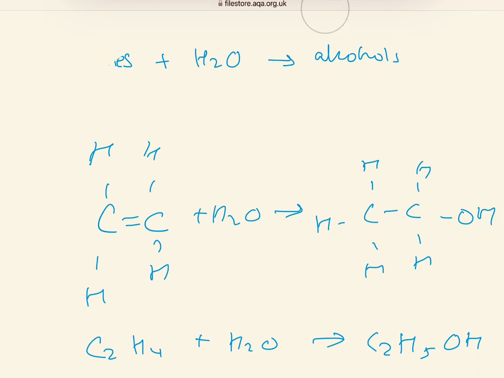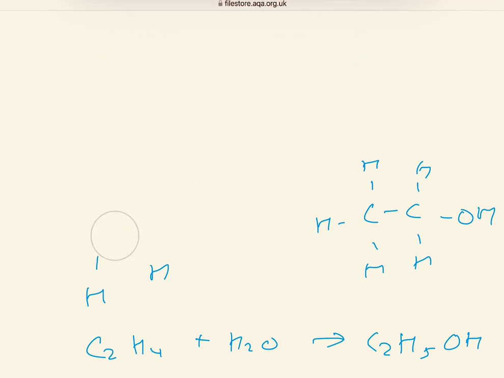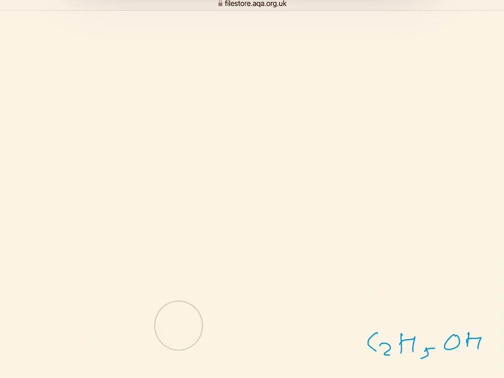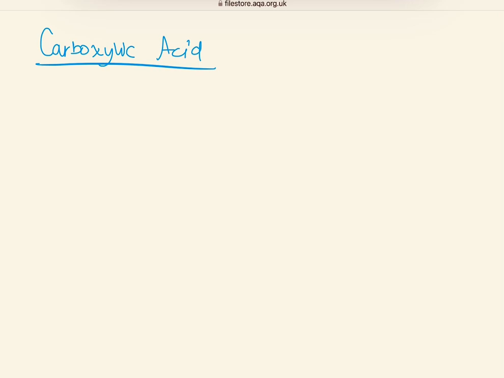Alcohols can also form carboxylic acids. What is the functional group of a carboxylic acid? COOH. Yes, COO. Cuckoo, cuckoo.